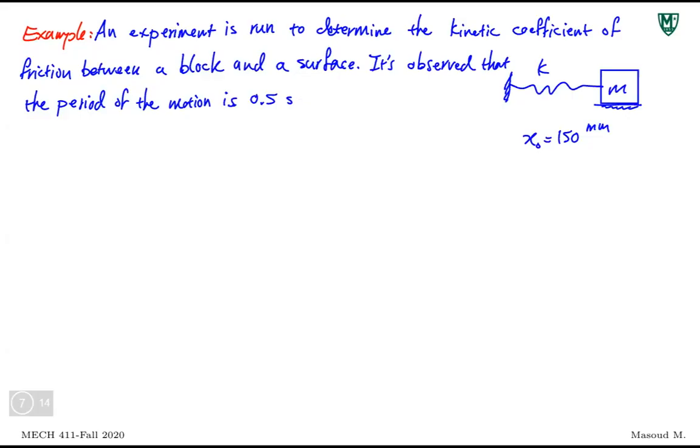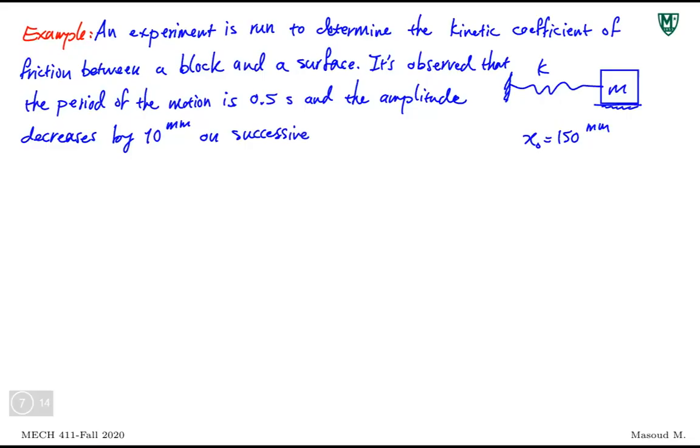It continues, and the amplitude decreases by 10 millimeters on successive half cycles.